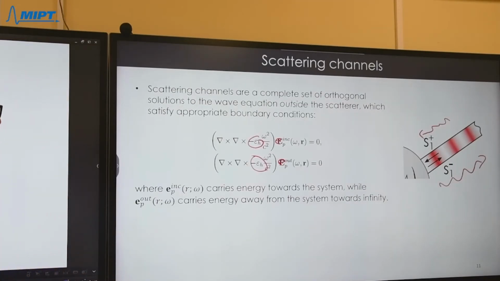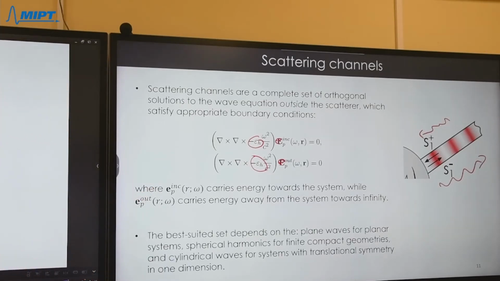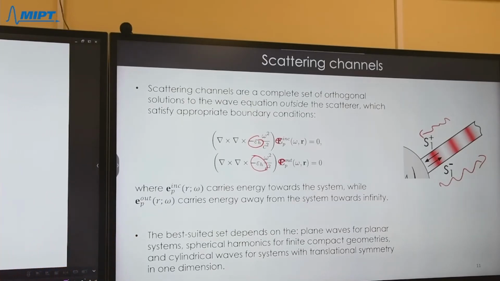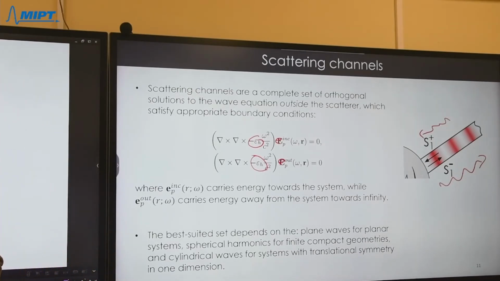So this is the definition of the scattering channels, and what scattering channels are depends on the geometry of the problem, on the symmetry of the problem, and typically it is a set of plane waves, cylindrical harmonics, or spherical harmonics. For a planar system, the set of channels is usually plane waves incident on the system at different angles.